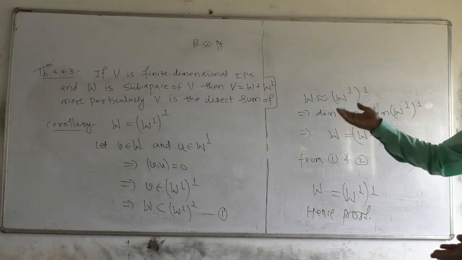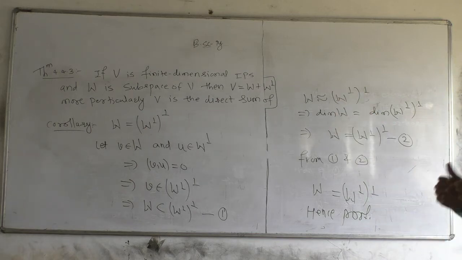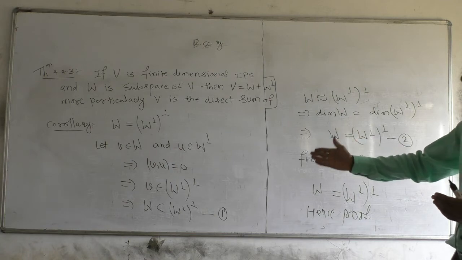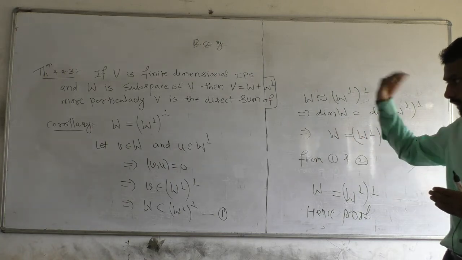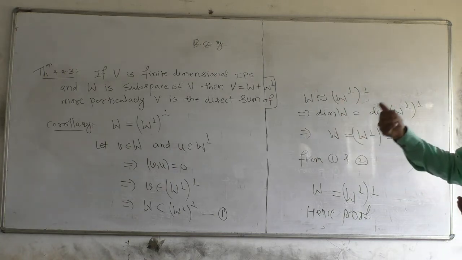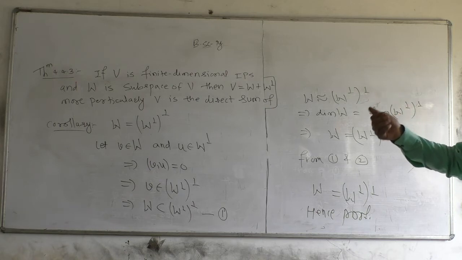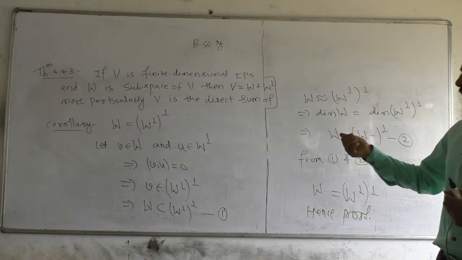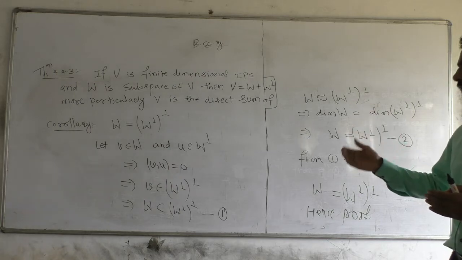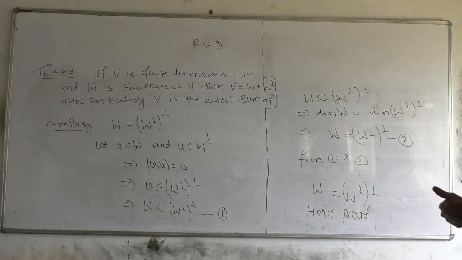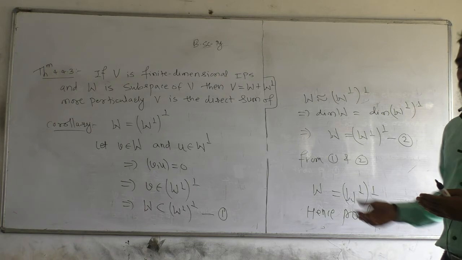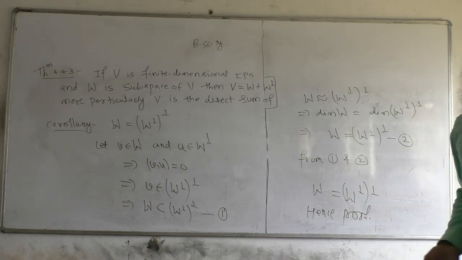So we can say that V belongs to the orthogonal complement of W and its orthogonal. So if V belongs to W implies V belongs to the orthogonal complement of W and its orthogonal complement, then we can say that subspace W is a subset of the orthogonal complement of W and its orthogonal.